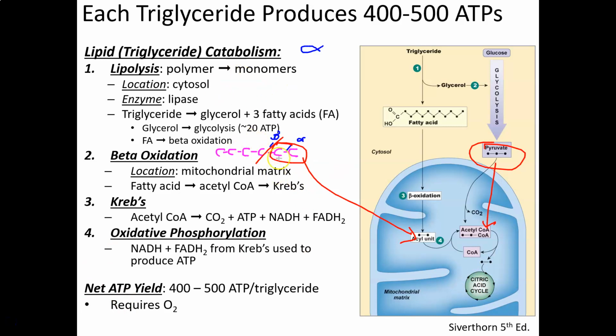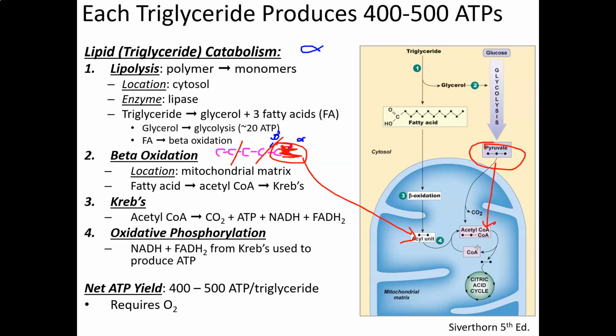Now, once this 2 carbon unit is gone, so I'm just going to erase it because we made it acetyl coenzyme A. Now I have 4 carbons left, and then I have a new alpha, a new beta bond, and I chop that off there, and now this 2 carbons becomes acetyl coenzyme A, and this 2 carbon becomes acetyl coenzyme A. Well, our example was just a 6 carbon molecule.